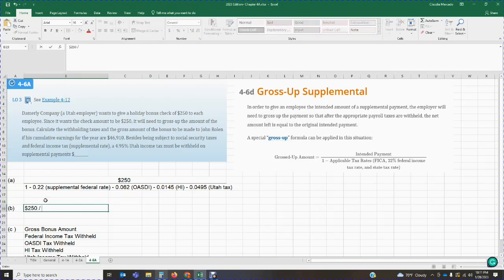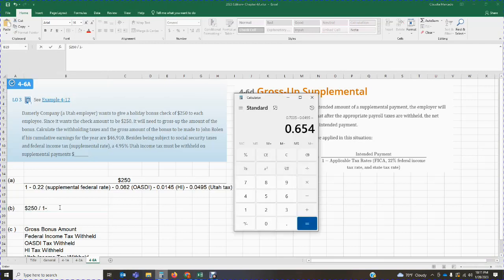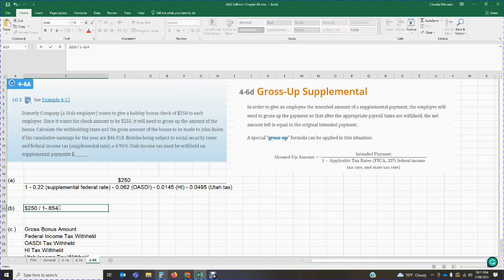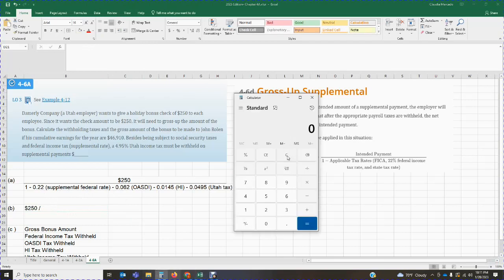So what I'm going to do is get my 250 and divide it by 1 minus 0.22 minus 0.062 minus 0.0145 minus 0.0495.